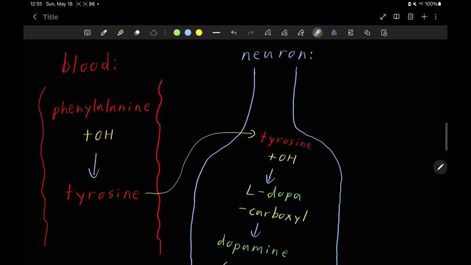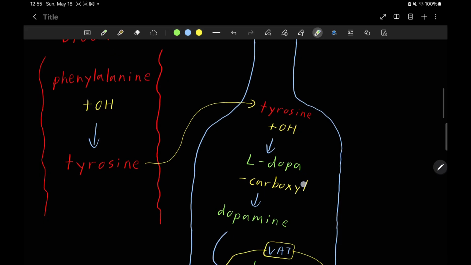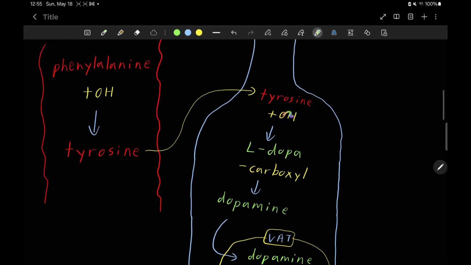A hydroxylase enzyme comes along and adds a hydroxyl group to your phenylalanine, which turns it into tyrosine. Tyrosine then gets transported from your blood into a neuron. And then in your neuron, it again gets hydroxylated. So a hydroxyl group comes and attaches to it, and this turns it into L-DOPA.